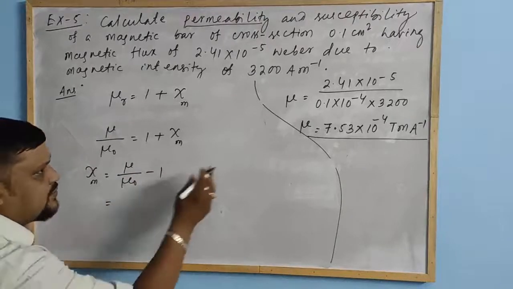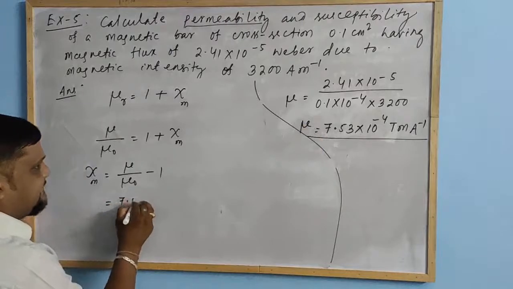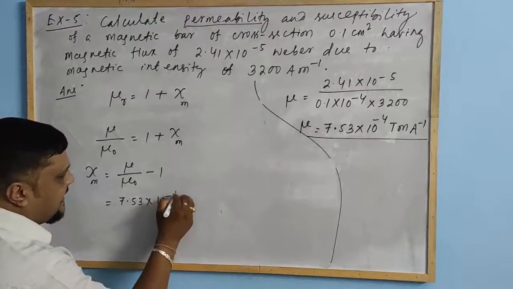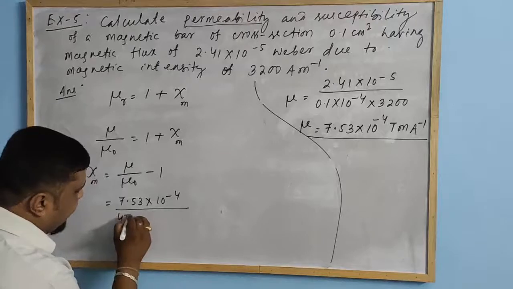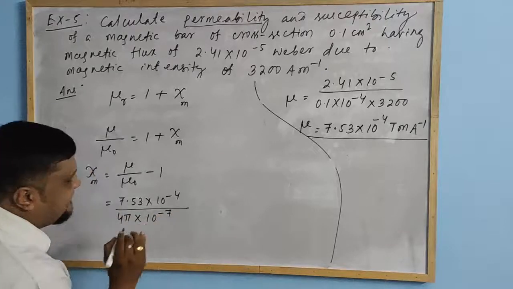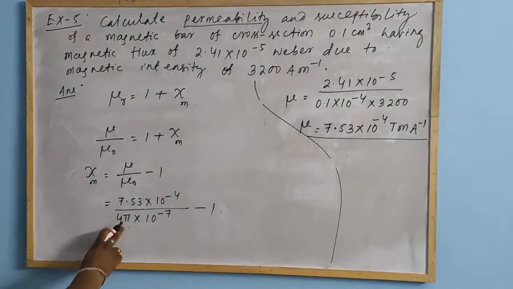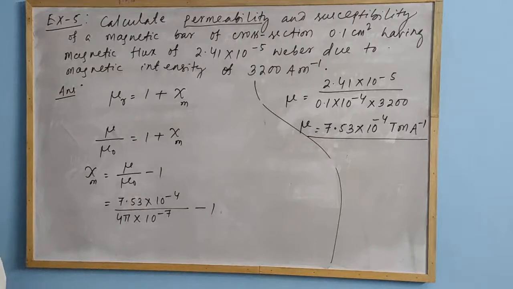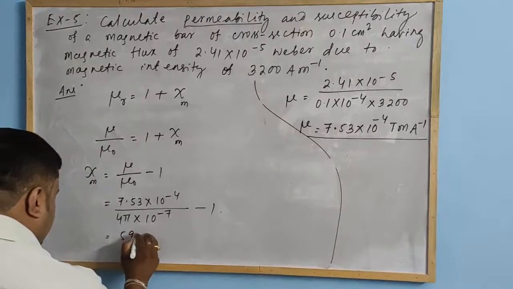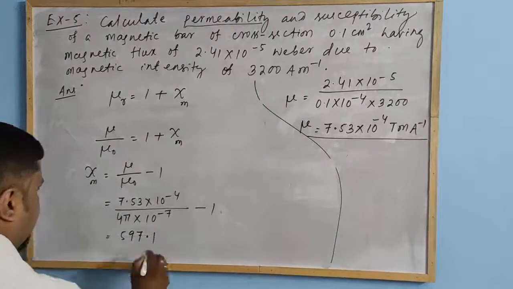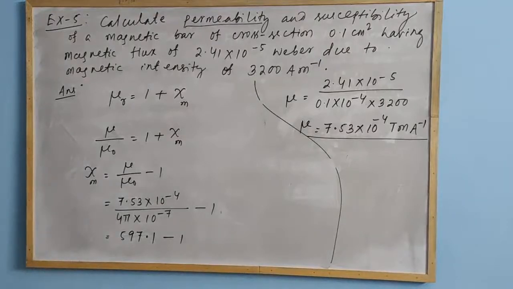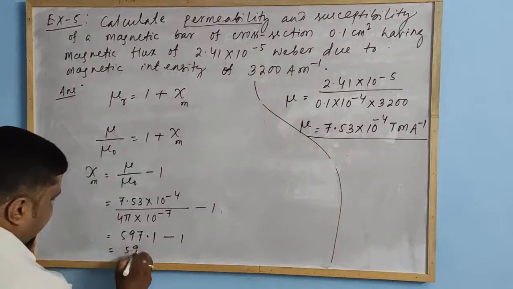Put the value. What is mu? Already we have calculated that, 7.53 into 10 to the power minus 4. What is mu naught? 4 pi into 10 to the power minus 7, and minus 1. If you solve this, mu by mu naught is 597.1, minus 1, so the value will be 596.1.